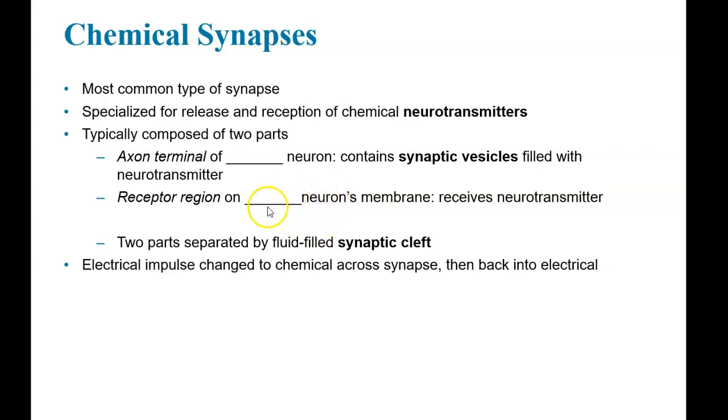These two parts are separated by a fluid-filled synaptic cleft. So there's a fluid-filled space between the two neurons. The electrical impulse is going to be changed to a chemical signal across the synapse. But then once it reaches the postsynaptic neuron, it'll turn back into an electrical signal.